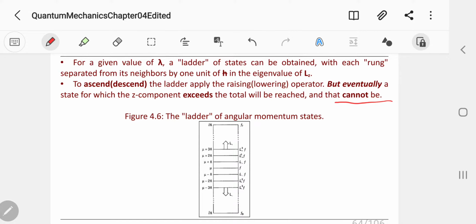So therefore there must exist a topmost eigenstate and a bottommost eigenstate, so that the eigenvalue of the momentum will not exceed the magnitude of the angular momentum.